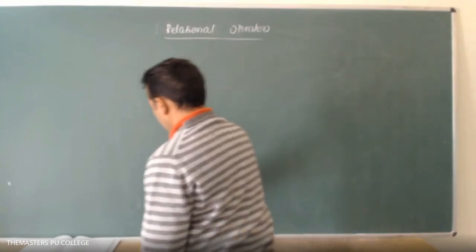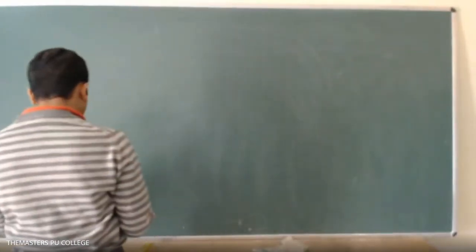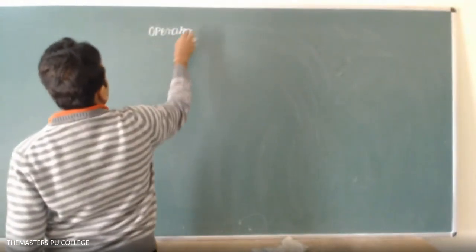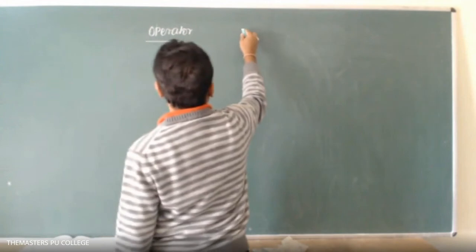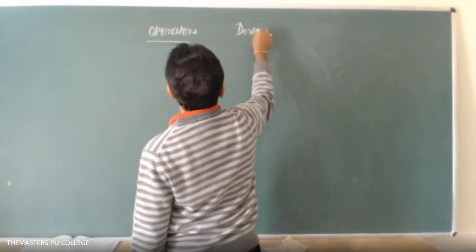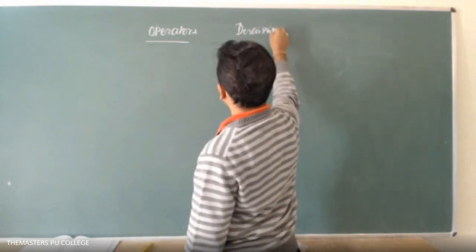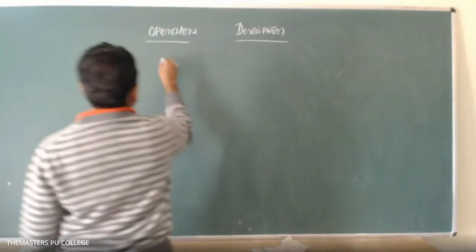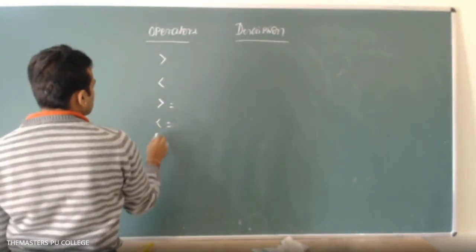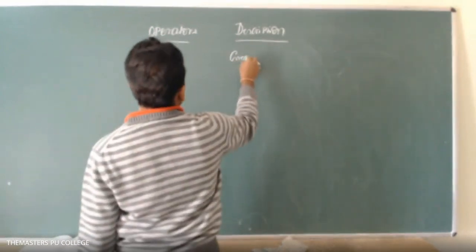Next, we'll write the relational operators. Just write that down. So you know the purpose. I have written the example. Operators and description. Right? You just write this down. This is greater than.